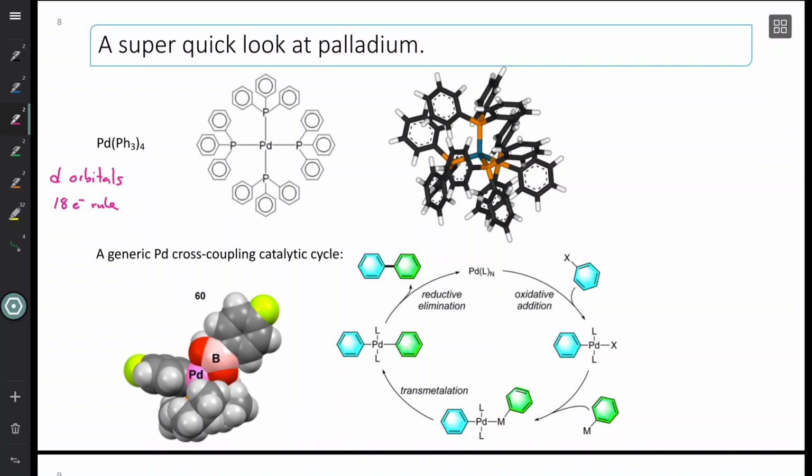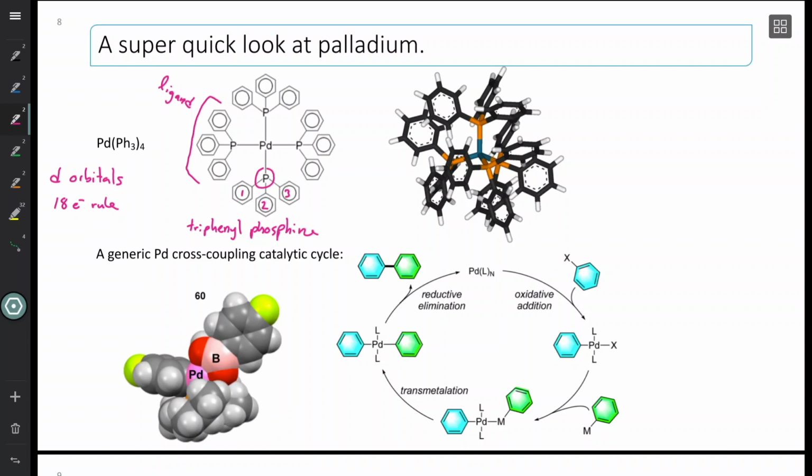And when you have a group attached to a metal like this, it is called a ligand. This is triphenylphosphine. Phosphine because of the phosphorus, and then there's 1, 2, 3 phenyl groups.